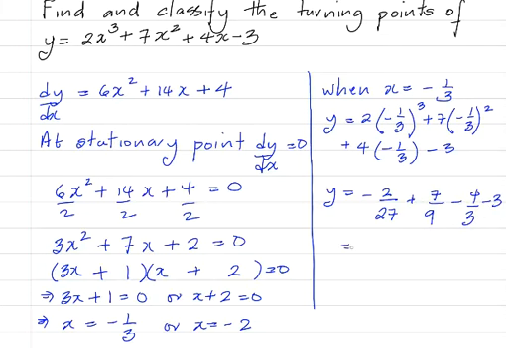So y would be equal to minus 2 over 27 plus 21 over 27 minus 36 over 27 minus 81 over 27.